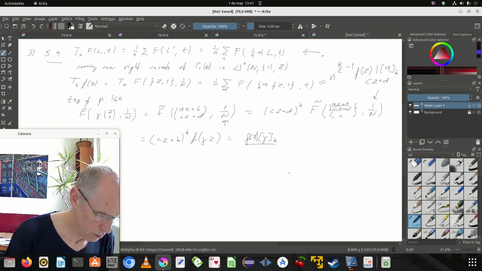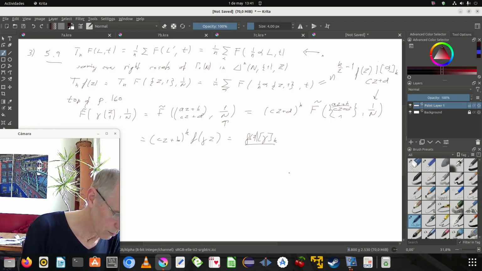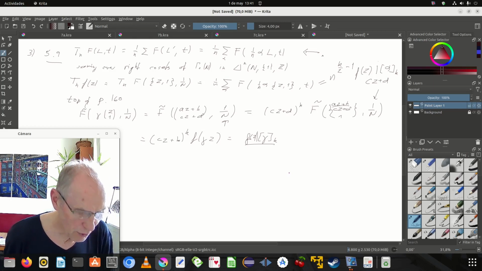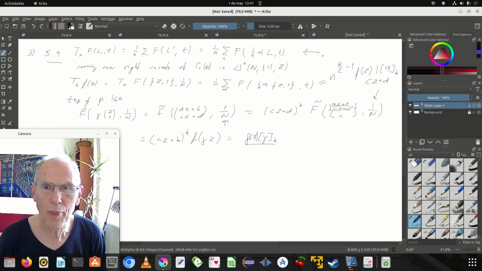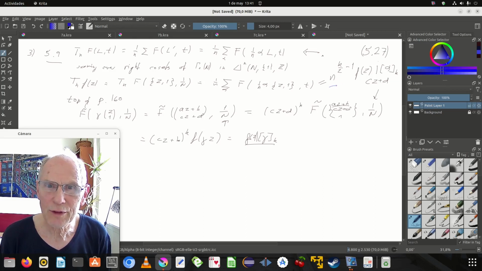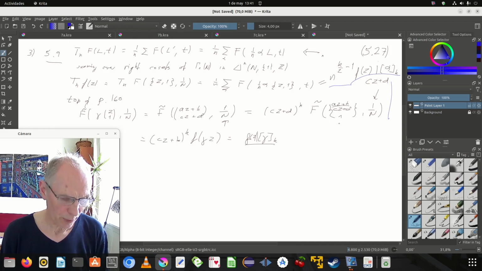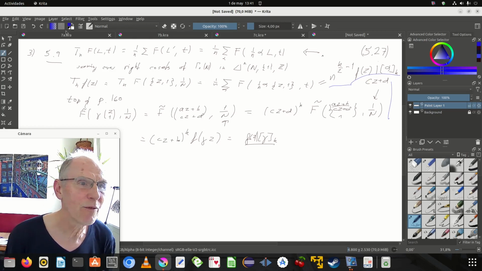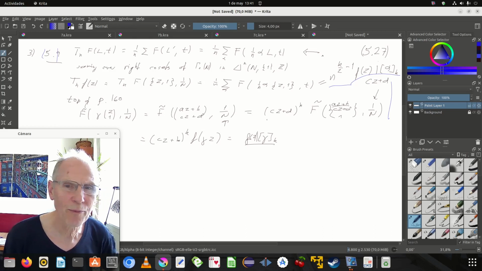No. Oh, I was... 527, and it is indeed so. That means that this definition, modular this problem, is equivalent with 5,9, which we had there.